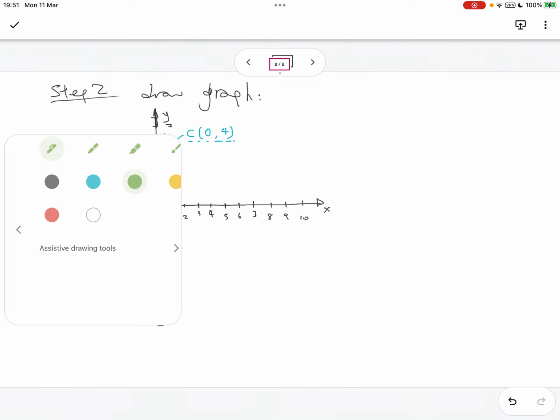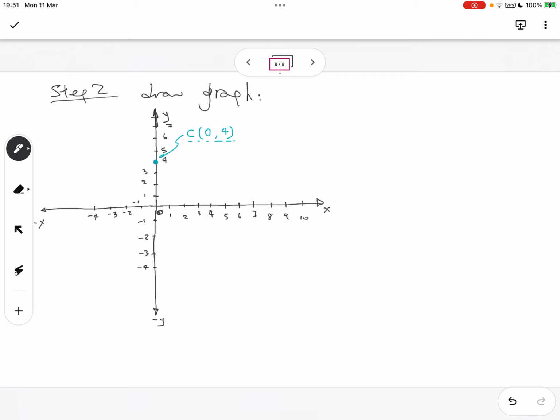And now, our y-intercept we find by making x equal 0.